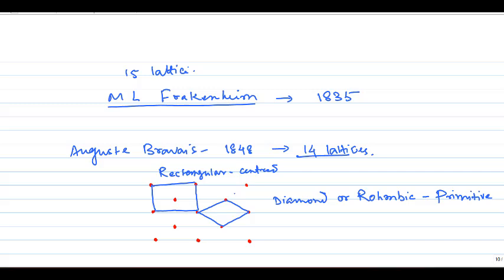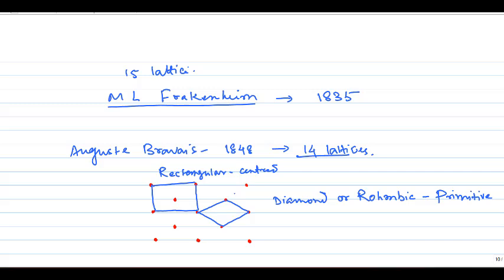So there is a confusion that in the same structure you can come up with two unit cells, and now if you take the unit cell as the basis for a crystal structure, then there is a possibility that one can overcount, right? So this might have led Frankenheim to overcount just one.